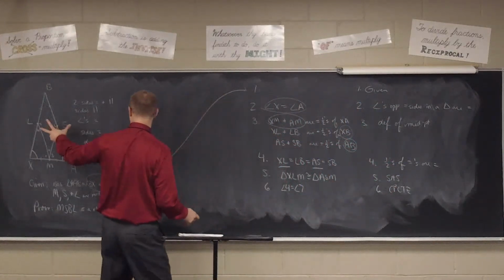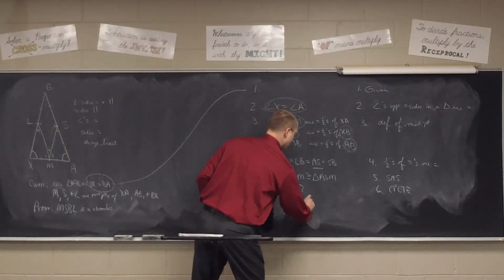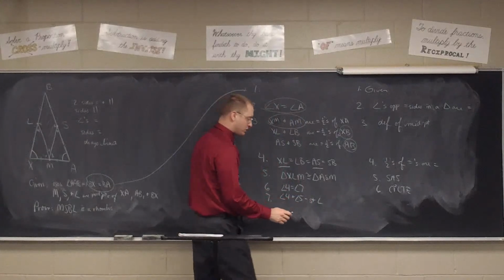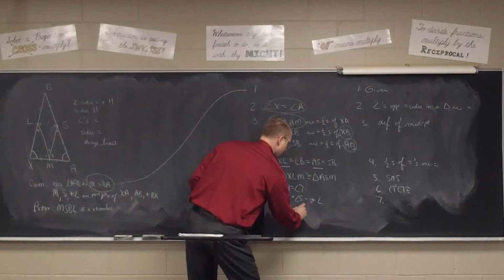then for number 7, we could say that angle 4 plus angle 5 equals a straight angle, right? And what's the reason there? Also angle 6 plus angle 7 equals a straight angle.